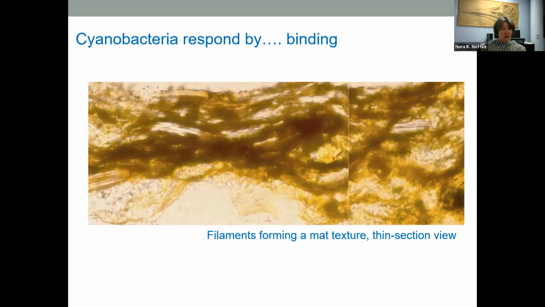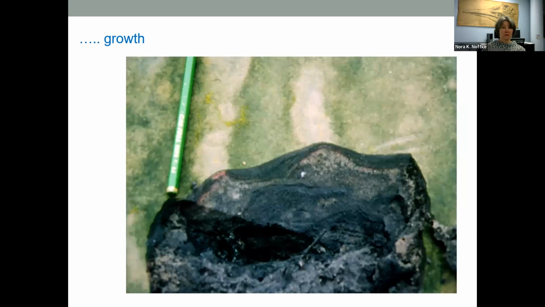There is an interlocking of metabolic activities and so forth. So those are complex microbial societies. So that is binding. And of course, binding takes place when the sediment is quiet and there is time to configure such a biological construction. Then, of course, we can observe growth.